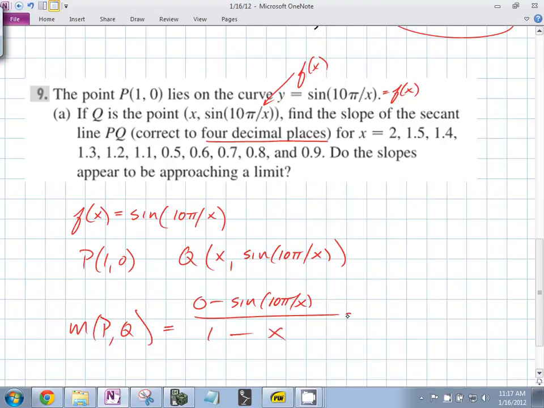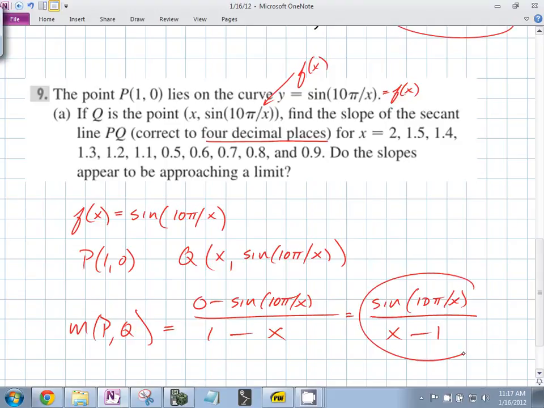Could you make this sine of 10 pi divided by x over what? Why? There's no concrete reason to do that other than I don't like leading negative signs. That's just a preference of mine. I like to make the leading term or the numerator positive. Does it matter overall? No.